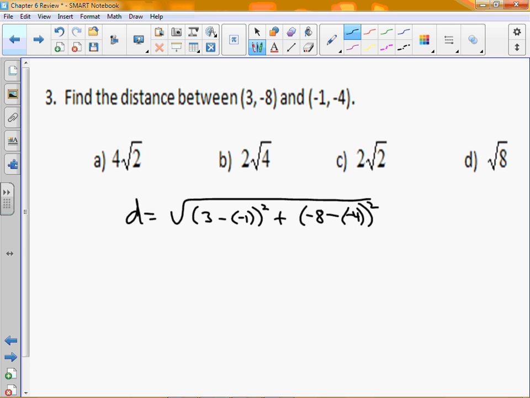The first step of the distance formula is to substitute. Some of you guys, when you substitute, you want to go ahead and change that to plus, no problem. So what you do is you write 3 plus 1 is 4. So 4 squared plus negative 8 minus negative 4 is negative 8 plus 4, which is negative 4.